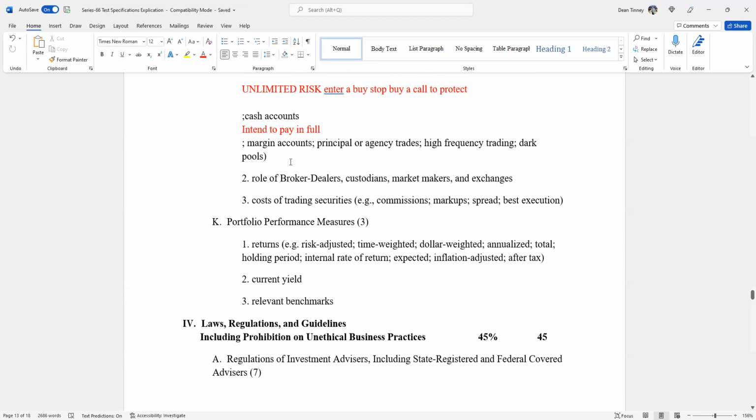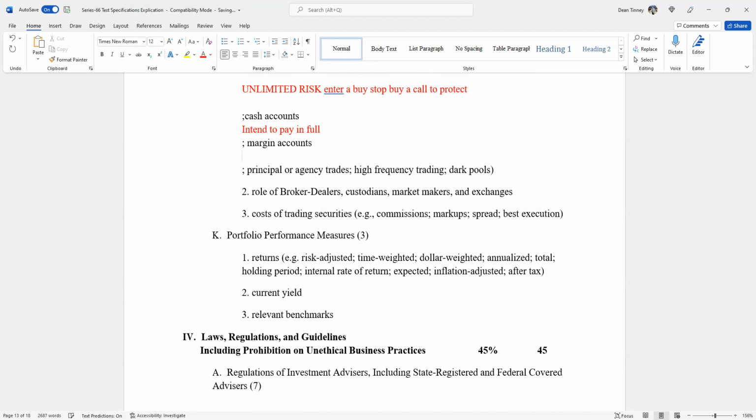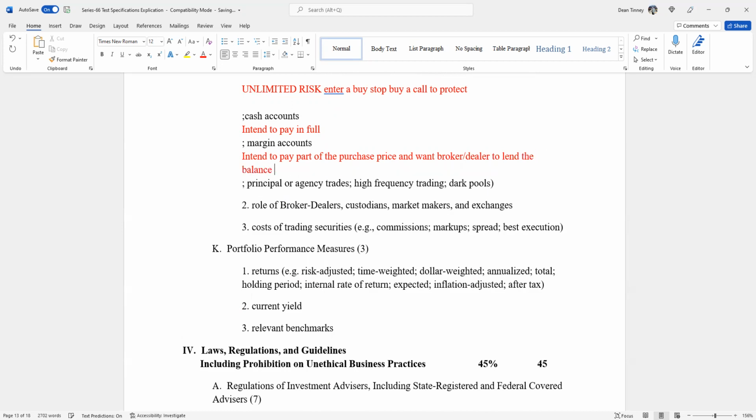UTMAs must be cash accounts. And a margin account, remember, you want to pay part of the purchase price and you want the broker dealer to loan you money. So on a margin account, that's going to be leverage.